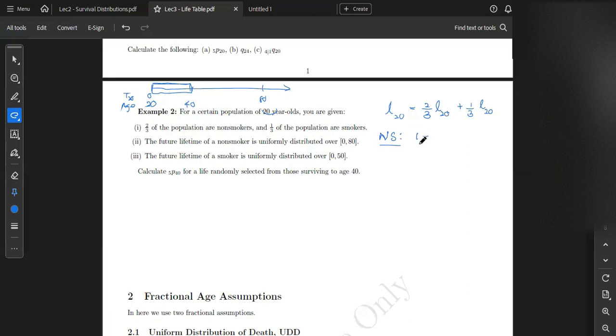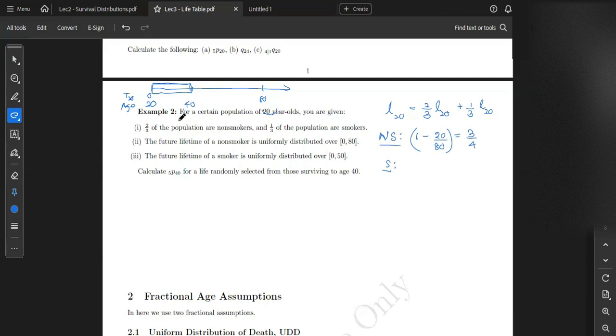And the entire area is 1. Since they have consumed 20 years out of 80 years, this is the probability of surviving up to this point, which is age 40. So we can say it's 3/4.